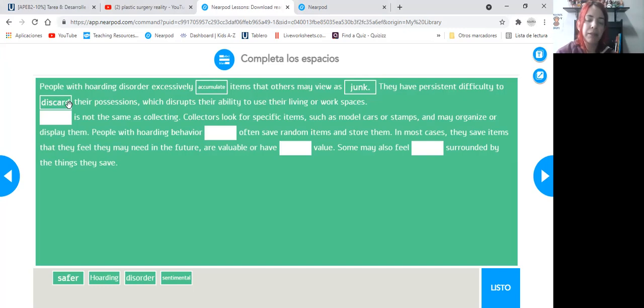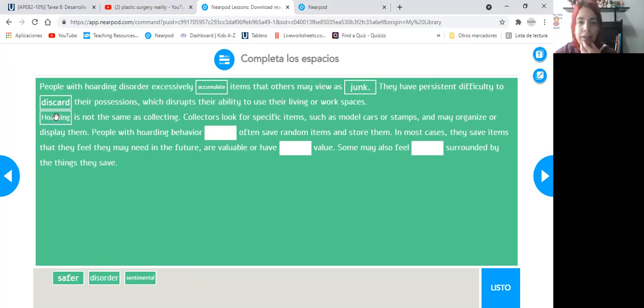Is not the same as collecting. Okay, so if you don't know, remember strategies. Very good. Very good, Gonzalo. Hoarding is not the same as collecting. Hoarding is not the same as collecting.